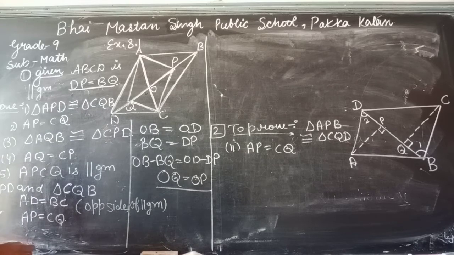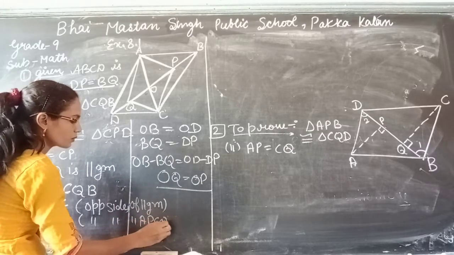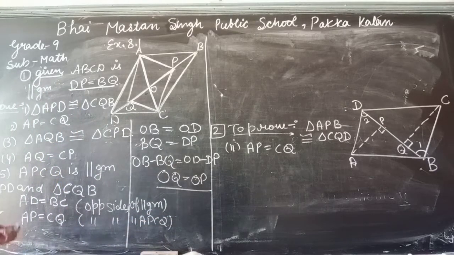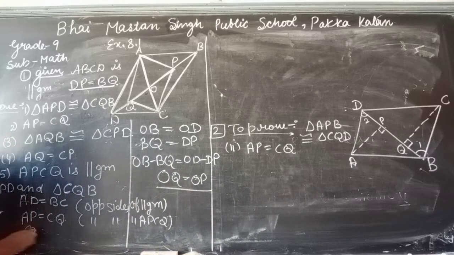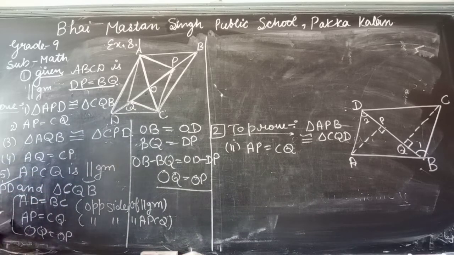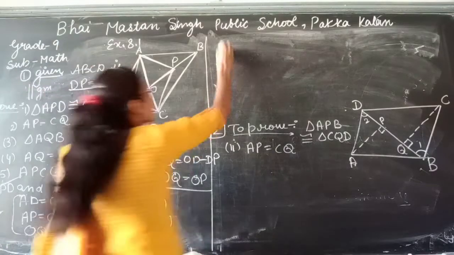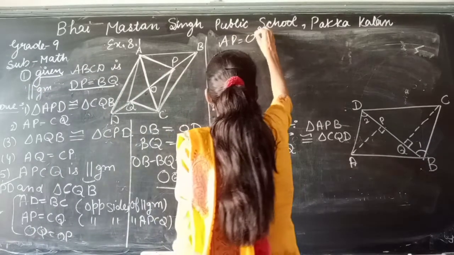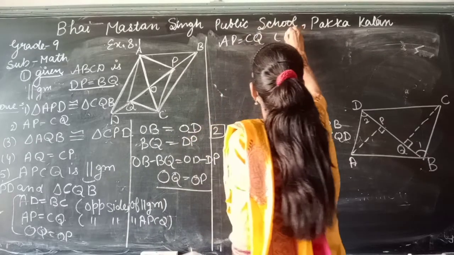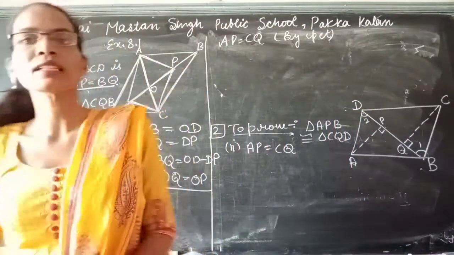This is also opposite sides of APCQ. Next one is OQ is equal to OP. So these two triangles are congruent. If these are congruent, then AP is equal to CQ by CPCT. Okay ji, clear?